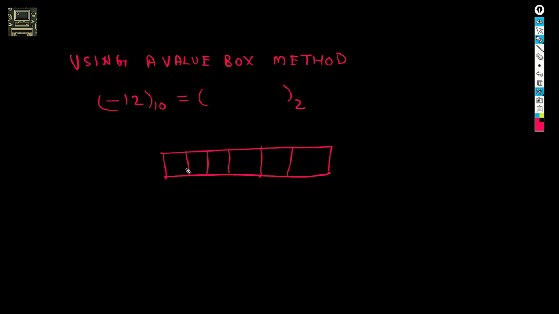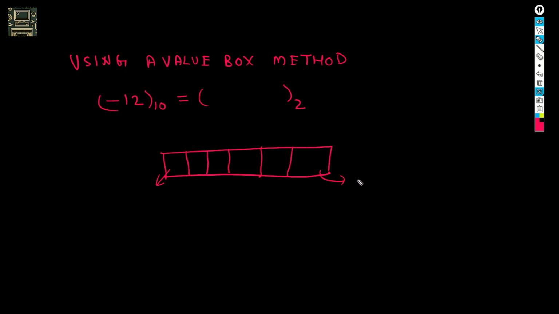I can use any number of bits to represent minus 12. One method says that first you represent plus 12, then you calculate the 2's complement of plus 12, and that is how you get the representation of minus 12 in 2's complement format. But we are representing it using the value box method. When we represent any number in 2's complement format, the MSB has a certain weightage.